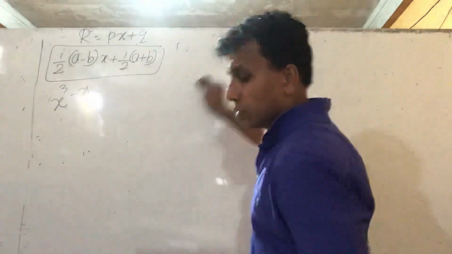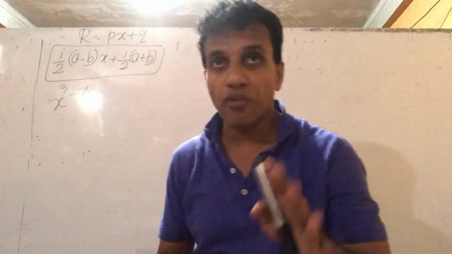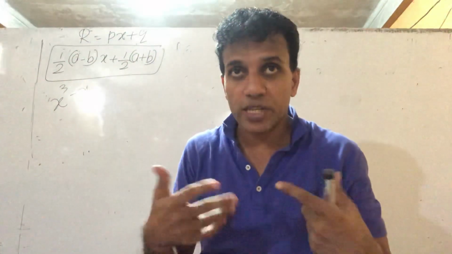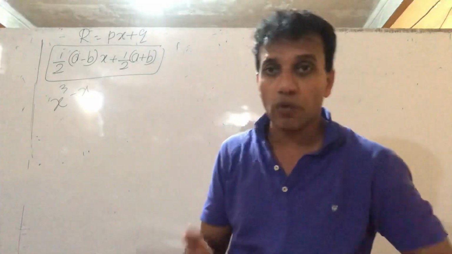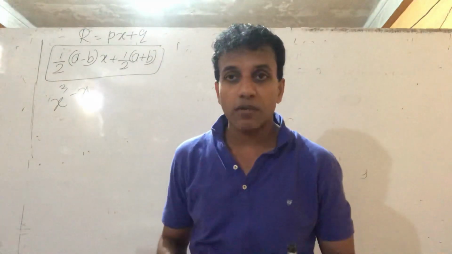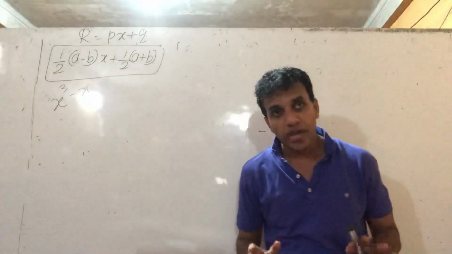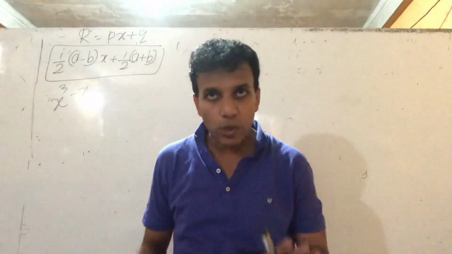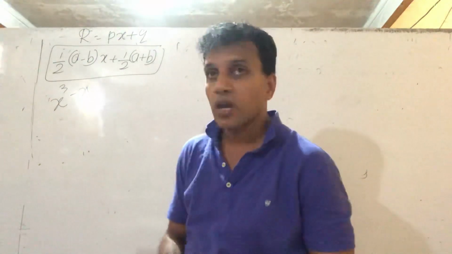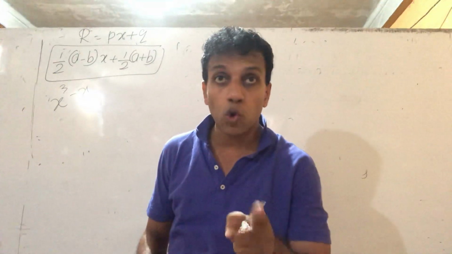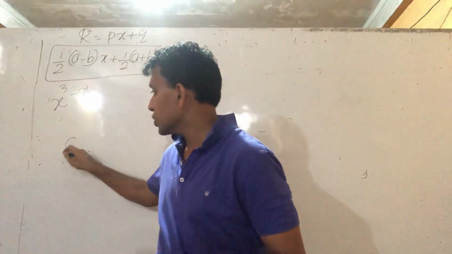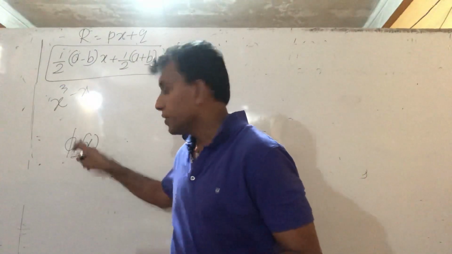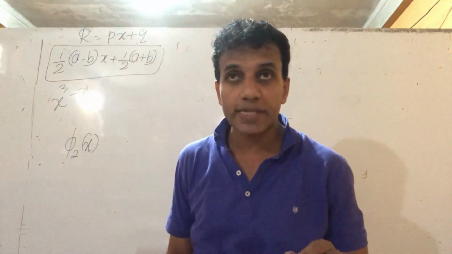So write the same method for the second part. I'm now giving the solution for the second part. Write this: when f(x) is divided by x cubed minus x, let the quotient be phi 2(x).